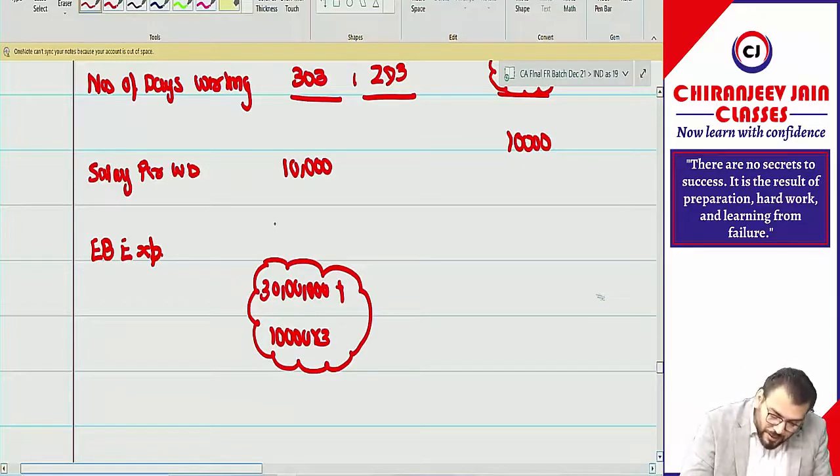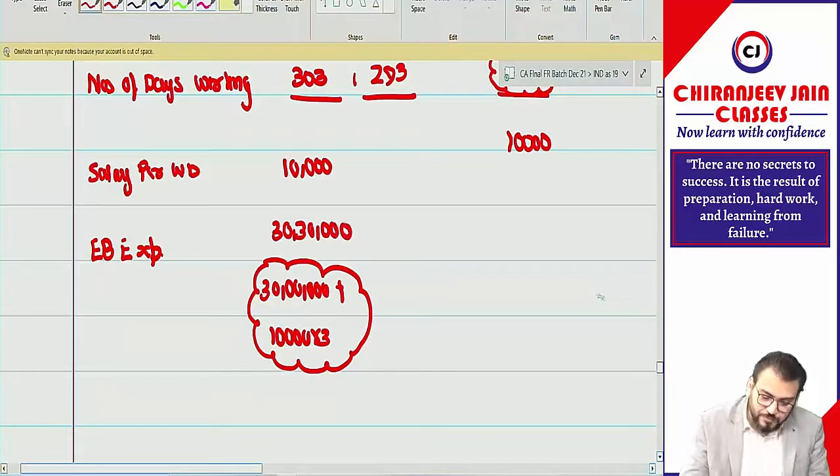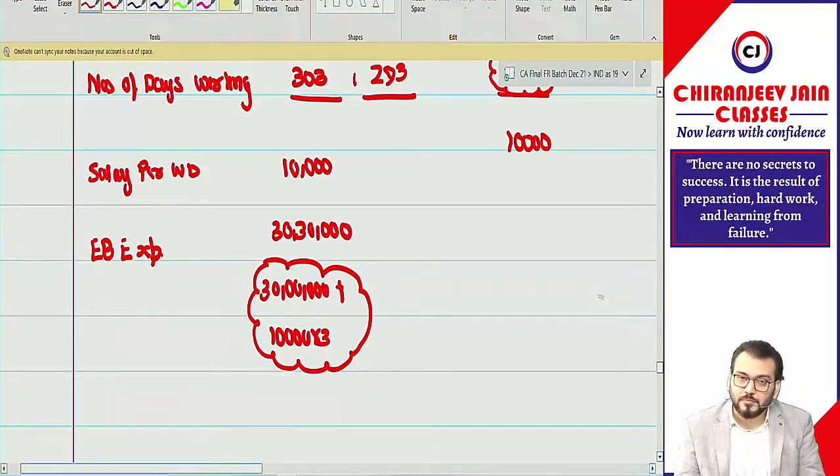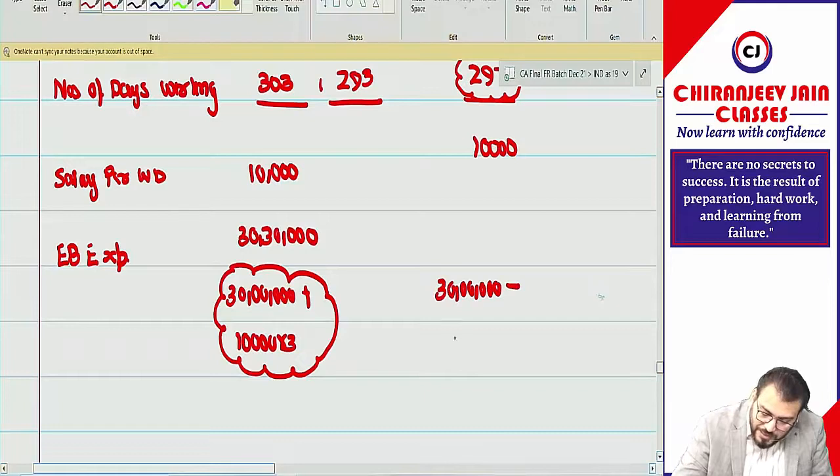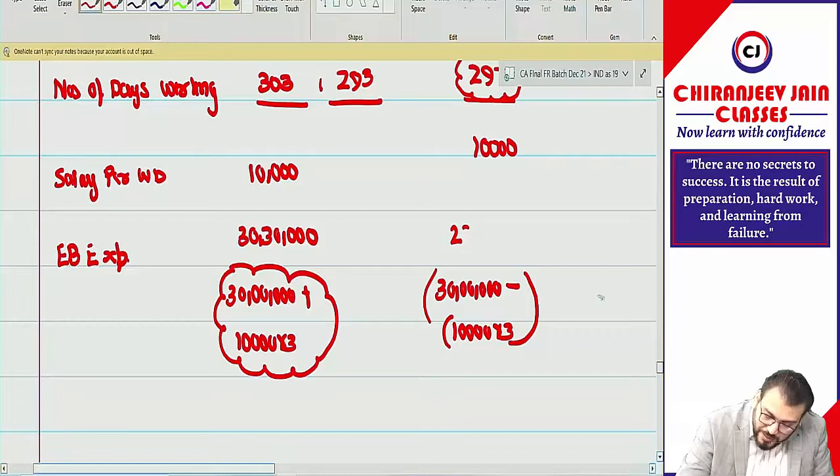Therefore it becomes 30 lakh 30,000. In the next year it will be 30 lakh minus 10,000 into 3 reversed, so 29 lakh 70,000.